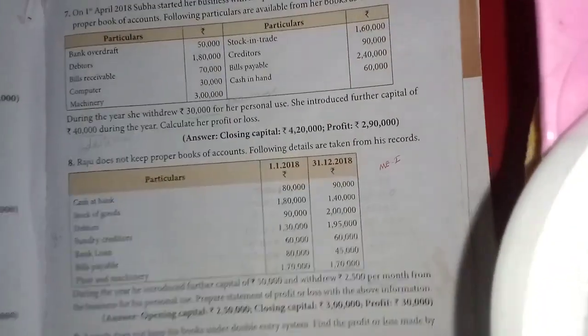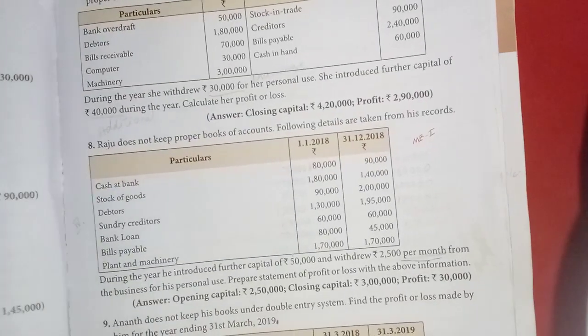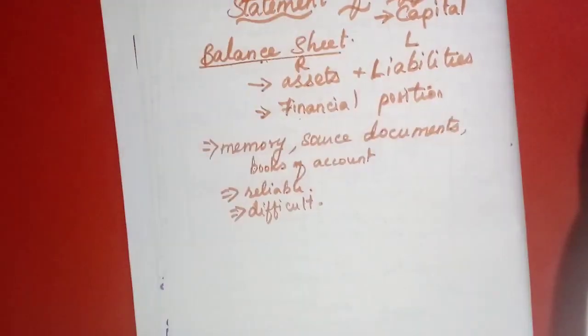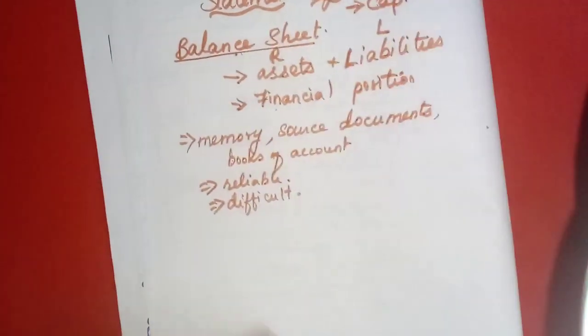Okay, so I will show you how to prepare the statement of affairs. For the preparation of statement of affairs, we need to have 2 pages. But if I use both the pages, I cannot cover the full page in the video.